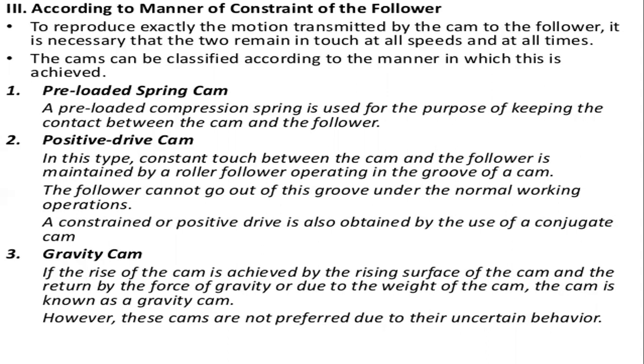A preloaded compression spring is used for the purpose of keeping the contact between the cam and the follower. So this is used to keep the follower in contact in all cases.